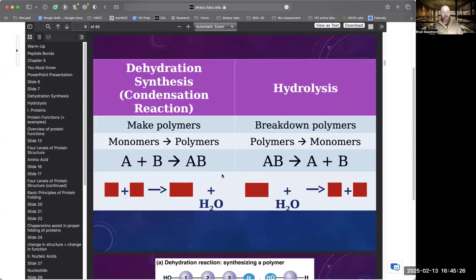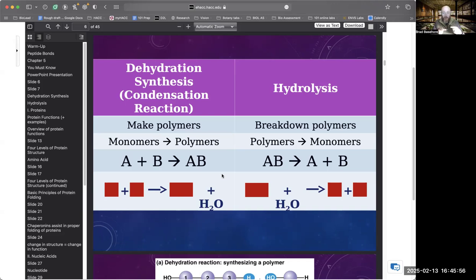Now, when we add links to the chain, that's called dehydration synthesis. The reason it's called dehydration is because as you take two links and join them together, in order to free up elements to bond together, you have to break off an H from one side and an OH from the other side.